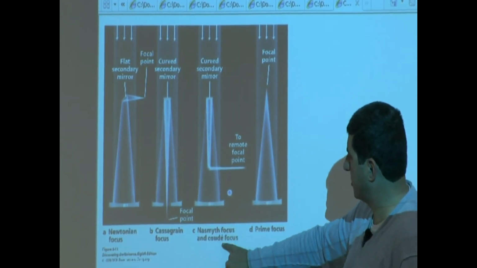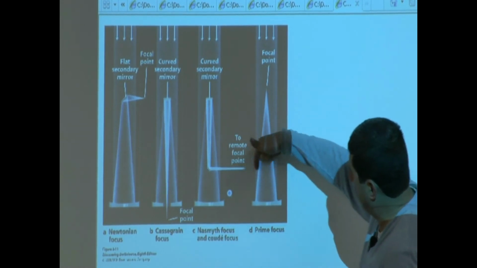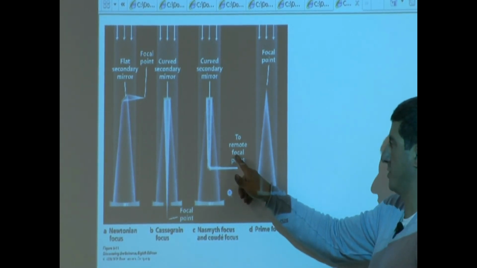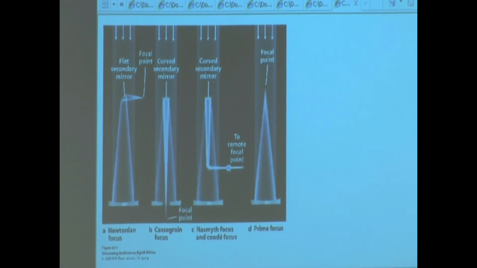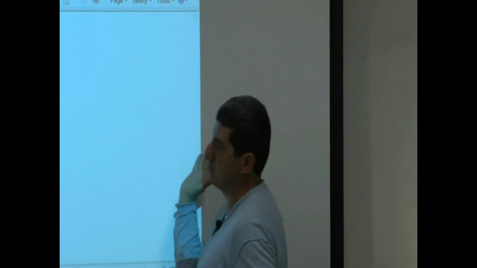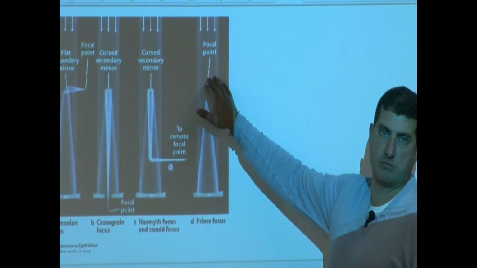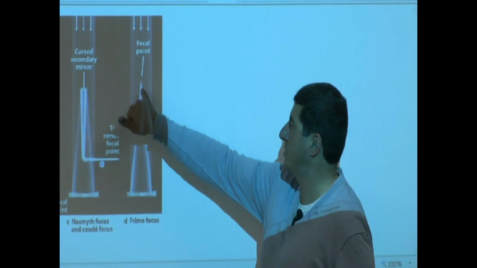Nasmyth focus, comes, goes, comes here, goes all the way, remote focal point. So that's probably if you are way over here trying to analyze the image somewhere else. So those ones wouldn't be available for sale. Prime focus also most likely wouldn't be available for sale. It's inside.